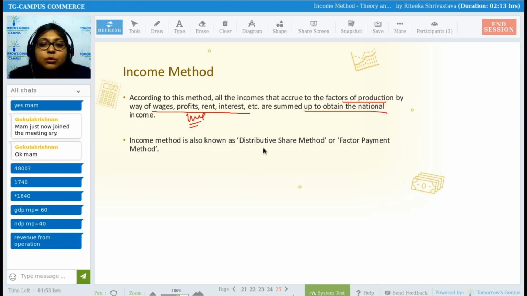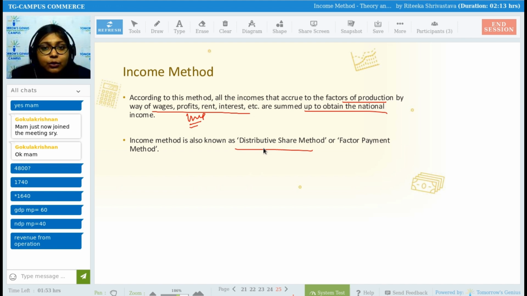The income method is also known as the distributive share method or factor payment method. Alternative names are very important for us. At the time of exams, there are chances that they will give you a question and tell you to find national income using the distributive share method or the factor payment method. At that point you should know that these methods are nothing but the income method.